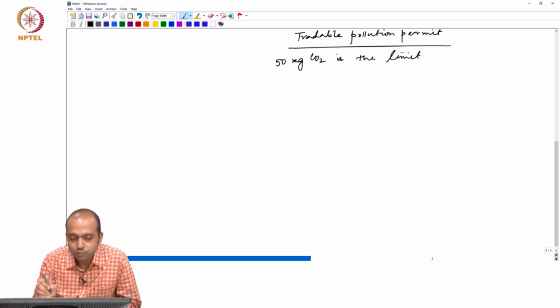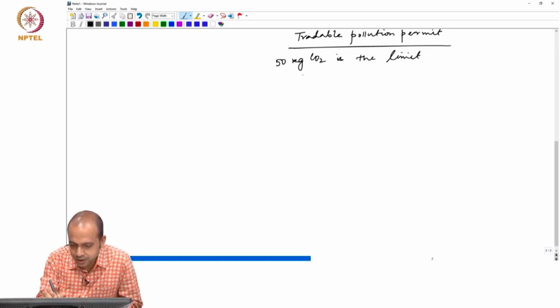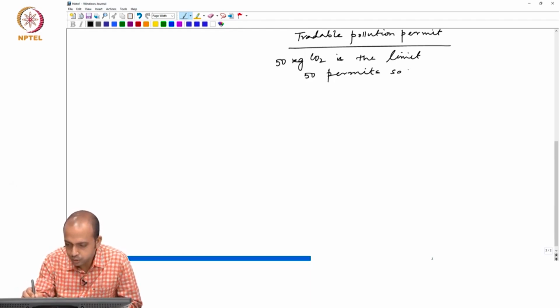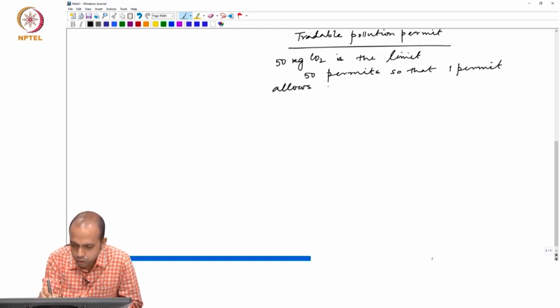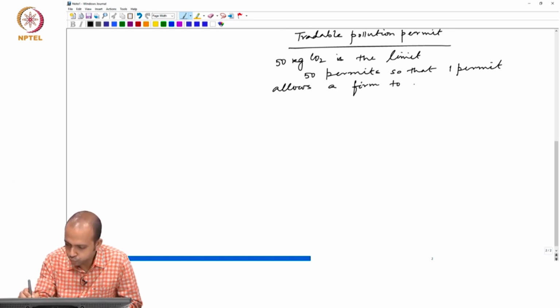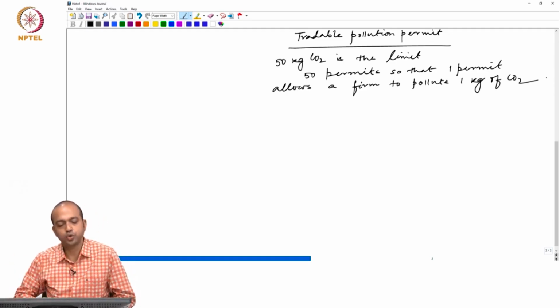All right. Then the policymaker will assign, let us say, 50 permits, so that one permit allows a firm to pollute 1 kg of CO2.